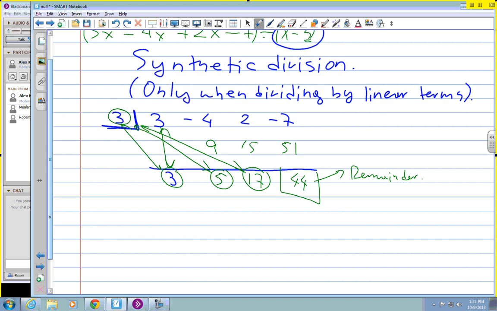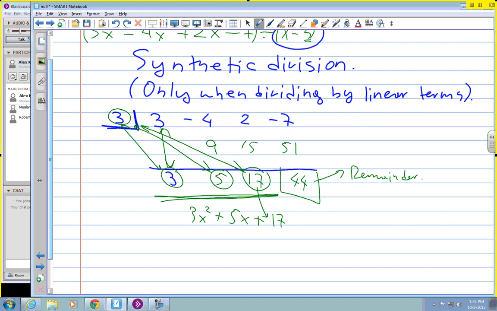Now, these three numbers are the coefficients of your quotient. They tell you that you have 17 as a constant, 5 x's, and 3 x squared. They work just like our base 10: you have 17 ones, 5 single powers, 3 second powers, and so forth.